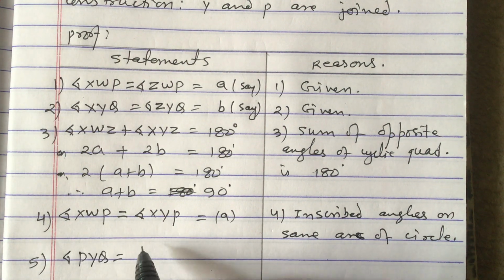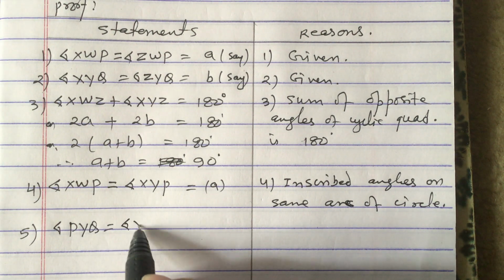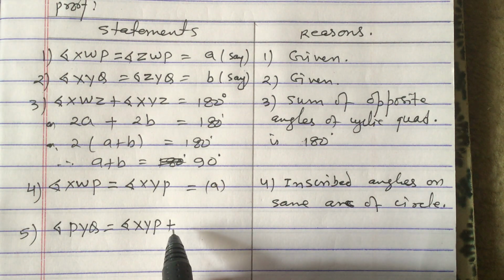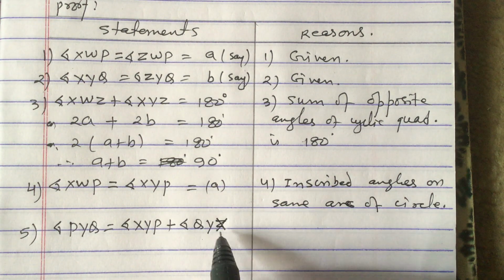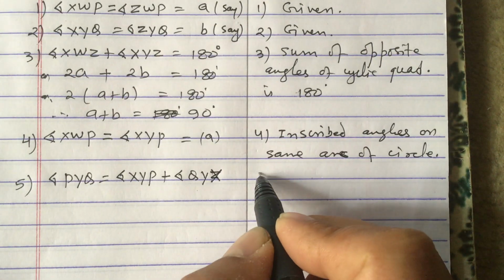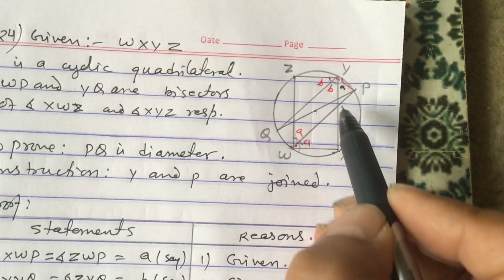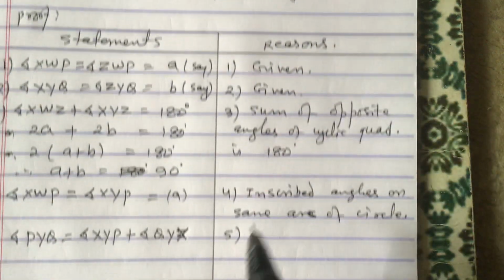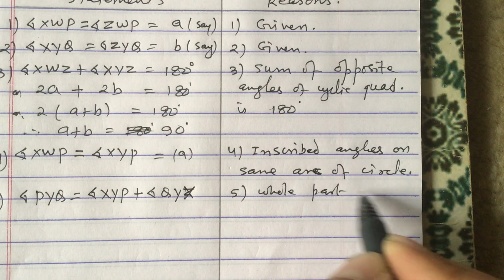PYQ is equals to angle PYX, angle XYP plus angle QYX. This is whole part axiom because sum of these two, see, this angle plus this angle is equal to this whole angle. So QYP equals to QYX plus PYX, like this. So whole part axiom.